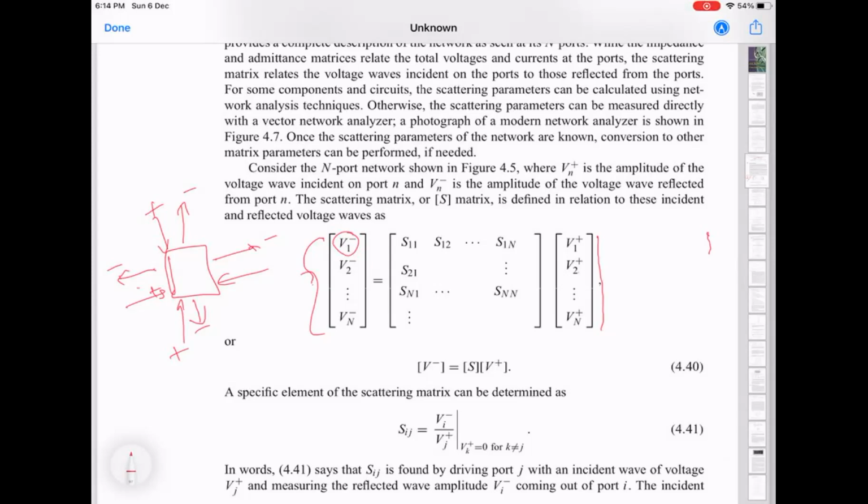So if this was port 1 and this was port 2, S12 is coming from 2 and into 1. Let me just make sure I'm saying this correctly.